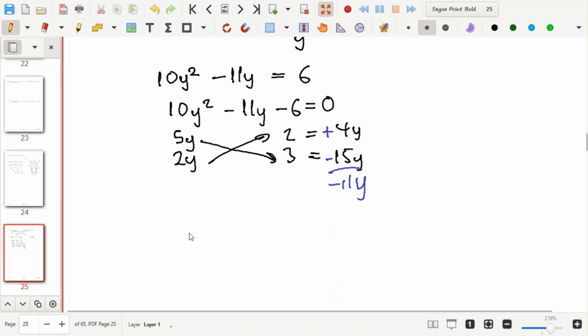So the factors are 5y plus 2, 2y minus 3 is equal to 0.